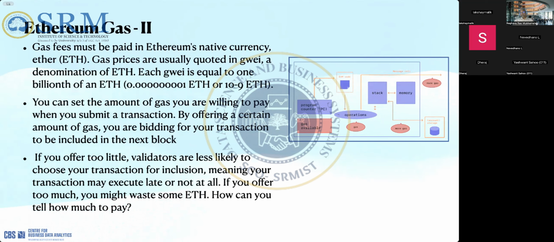So that's why, when we were discussing the challenges of smart contracts, we discussed that many smart contracts have expensive patterns.